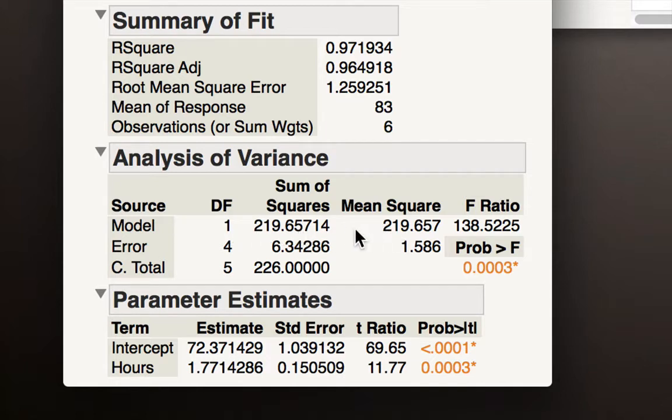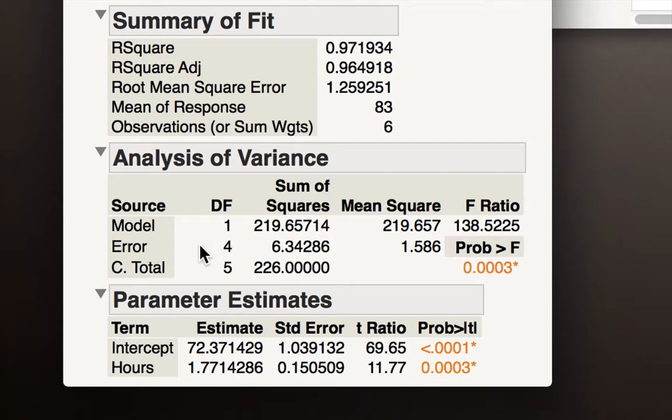Remember, a mean square is simply the sums of squares divided by the degrees of freedom for that parameter. So, in this case, we have a mean square exactly equal to the sums of squares, which gives us the F ratio. So the mean square for the model, or the mean square for regression, divided by the mean square for error. Notice the mean square for error has 4 degrees of freedom.